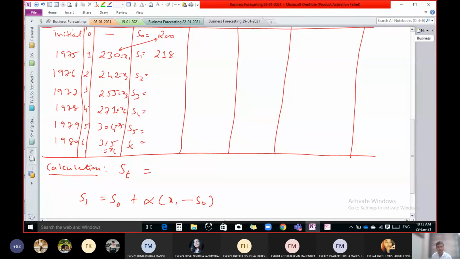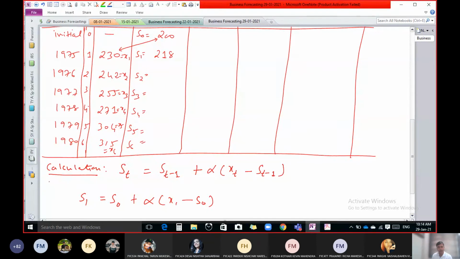So if you want to calculate St, we have S(t minus 1) plus alpha in bracket (xt minus S(t minus 1)). Correct. This is the way to learn the formula.